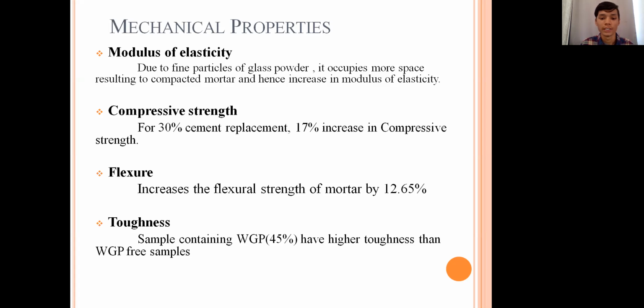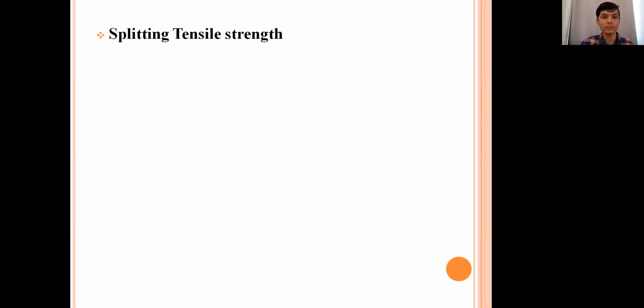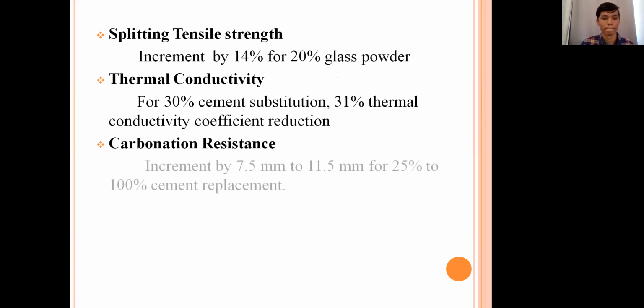Moving on to toughness. The sample containing 45% waste glass powder has higher toughness than the waste glass powder free samples. The next is splitting tensile strength. There is an increment of 14% for concrete with 20% glass powder.